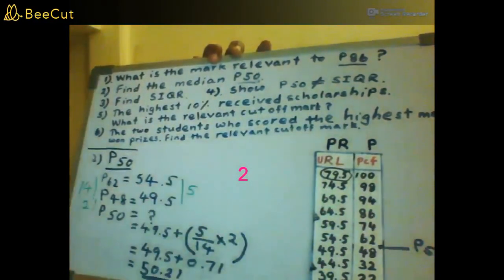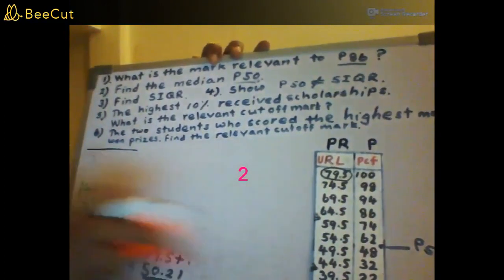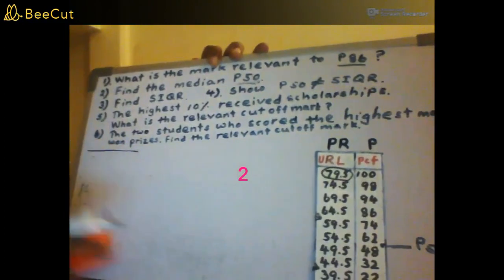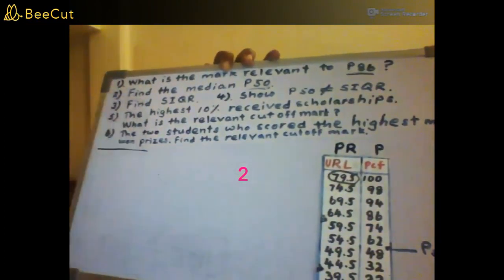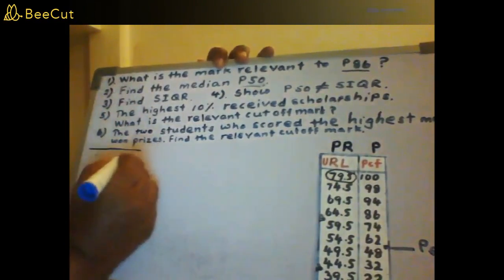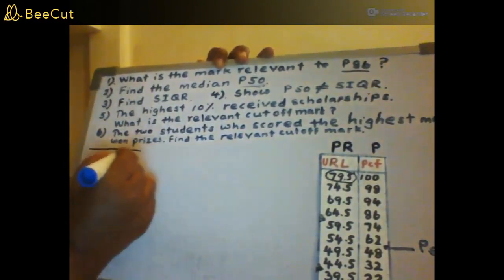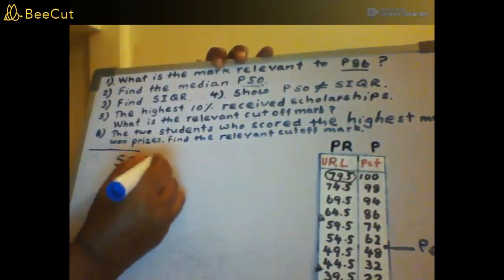Right. Now we'll go to the third question. Find SIQR. I'll have to explain all these things. SIQR means, for the time being, just learn this.